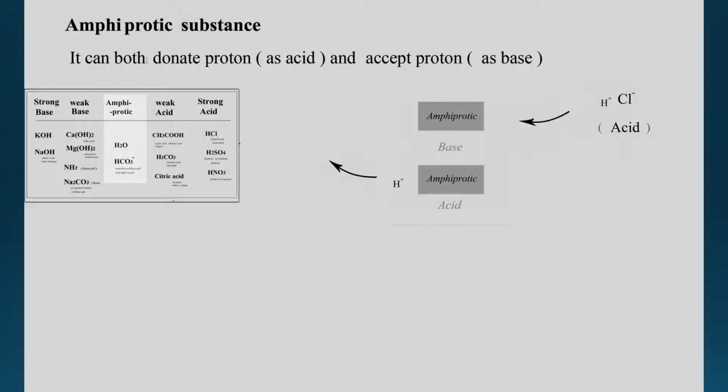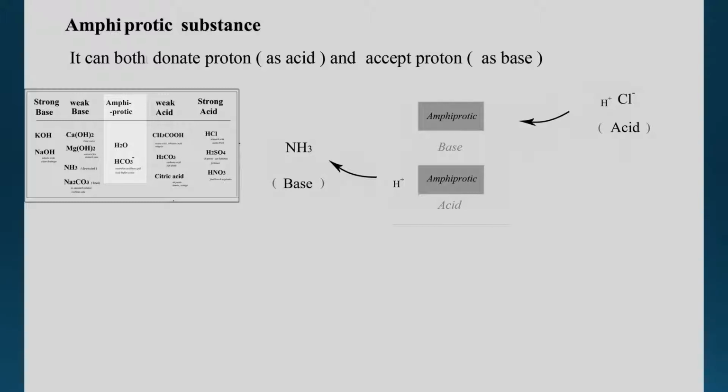The same amphiprotic molecule can also behave as an acid. What does that mean? This time it is donating a proton to give out the H+ ion. So this is also determined by your partner.